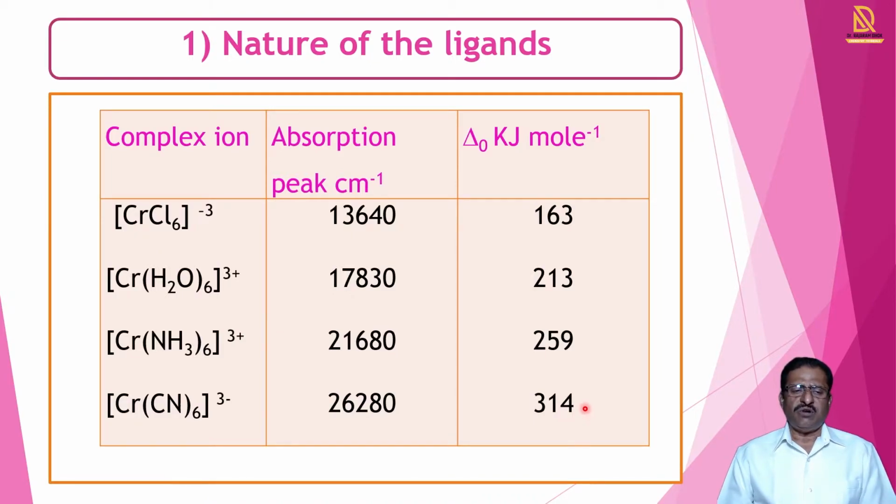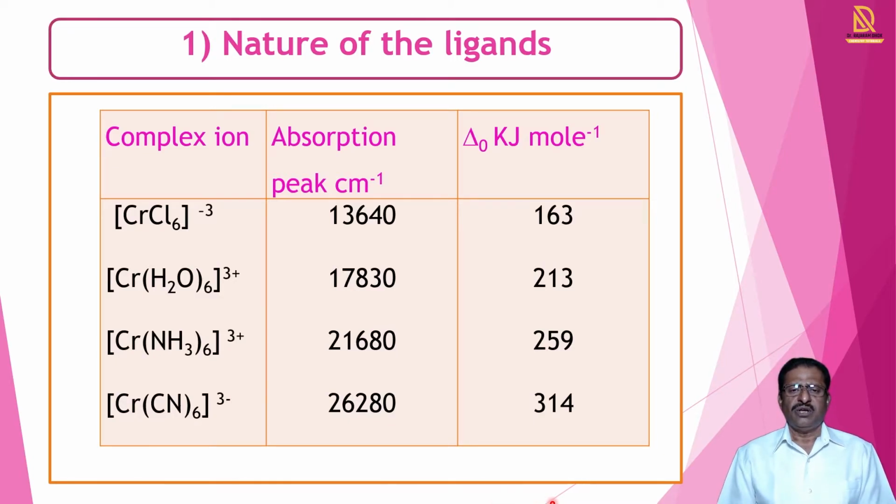Now, when we observe these values for chromium compounds with different ligands, we can easily explain that ligands which are at a higher position in the spectrochemical series form stronger complexes and their delta values are higher. You see here the Cr(CN)6 value is near about double the value of the chloro ligand, because chloro has a lower position in the spectrochemical series and cyanide has a top position.